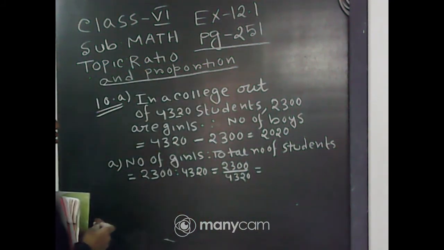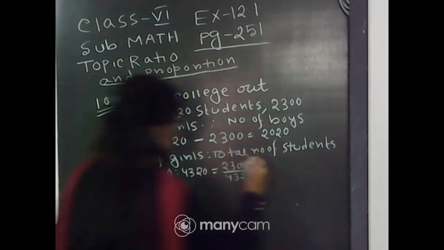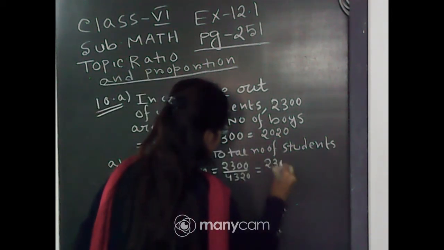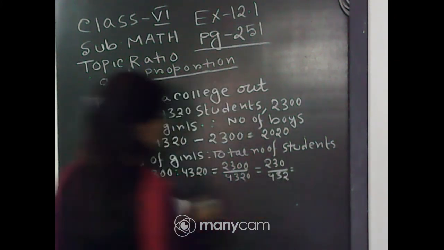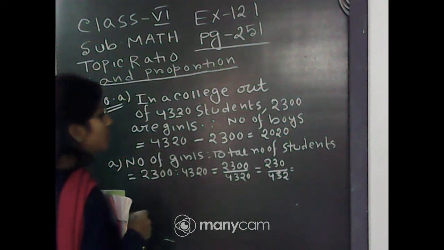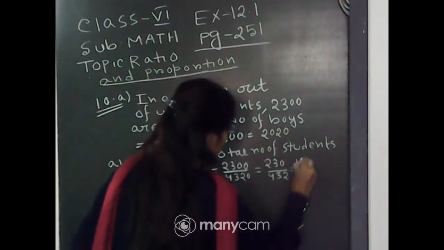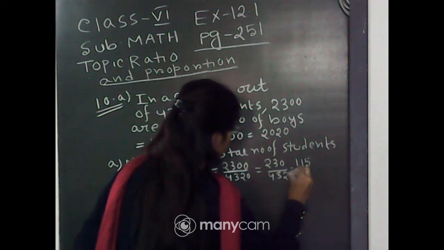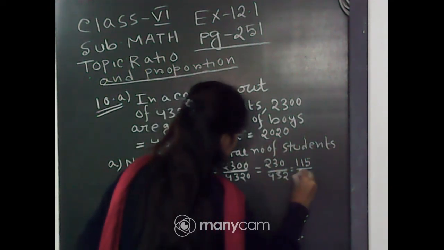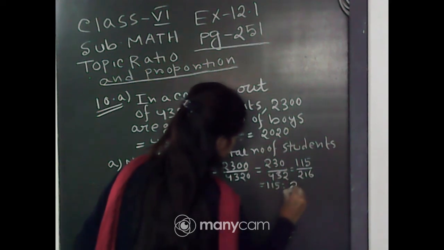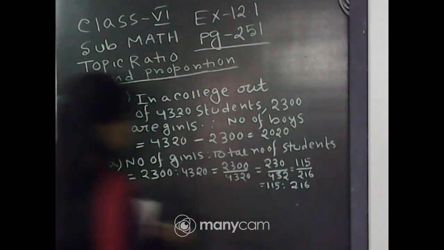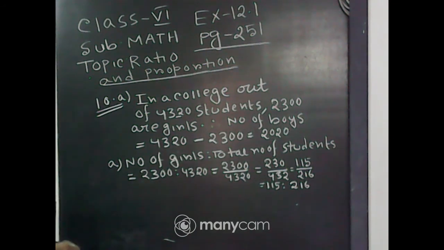Now we divide both the numerator and the denominator by 10. Again we divide both by 2, and we get the required ratio is 115 is to 216.